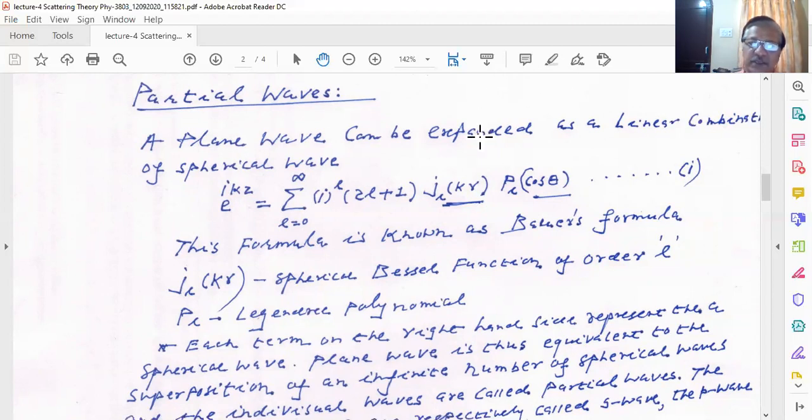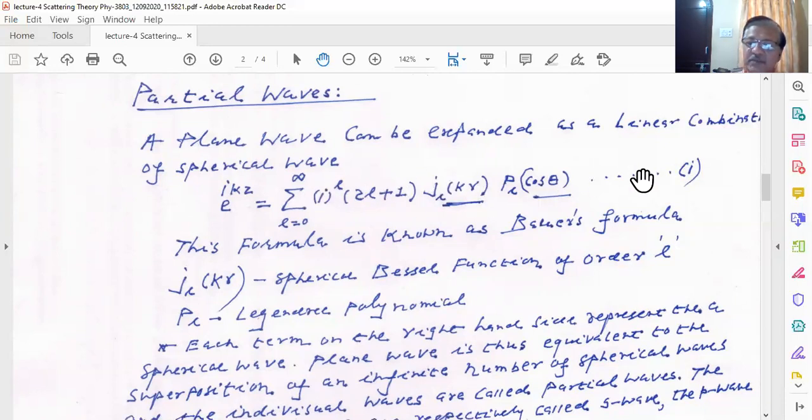And in the previous lecture, we found that if a particle is moving along the z-axis, as a free particle, it can be treated as a plane wave. We represented this plane wave as e to the power of ikz, and we found that this plane wave can be expanded as a linear combination of spherical waves.